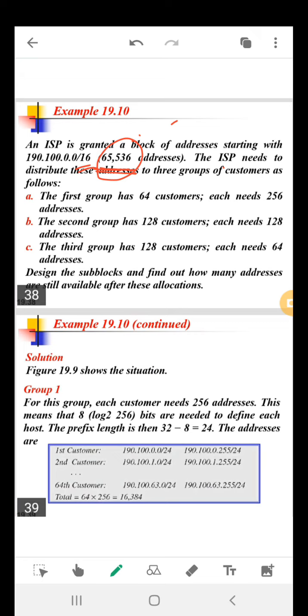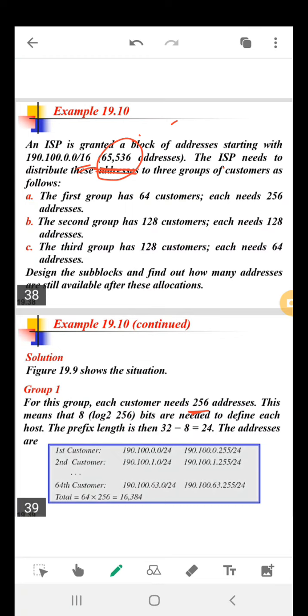Now in the first group, we need to give in such a way that each of the 64 customers gets 256 IP addresses.